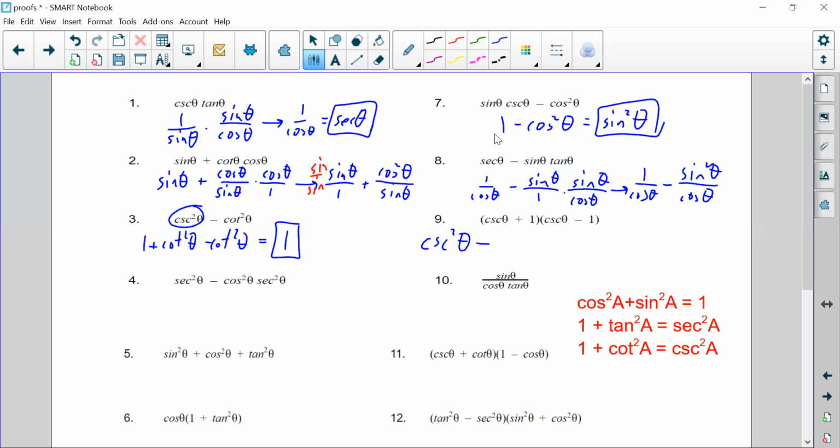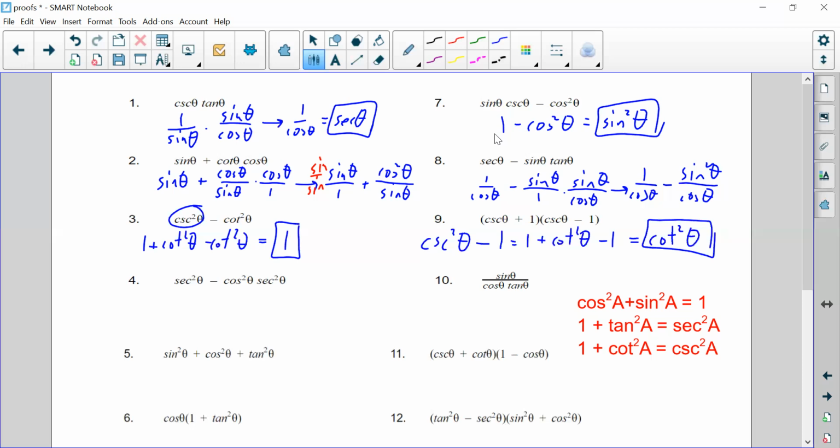I'm getting cosecant squared minus 1 squared. Well, remember, cosecant squared equals 1 plus cotangent squared. So I can replace this with 1 plus cotangent squared, and then that minus 1. Well, the 1 and the minus 1 cancel out, and I'm left with cotangent squared for number 9.